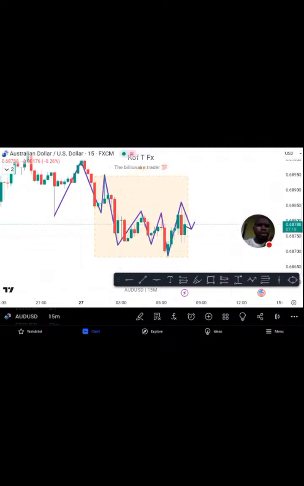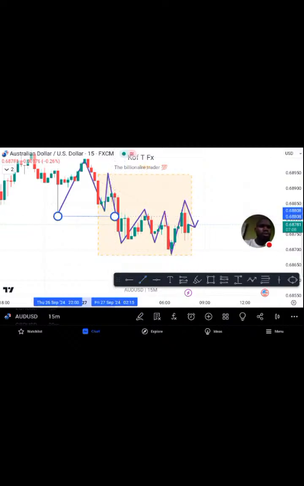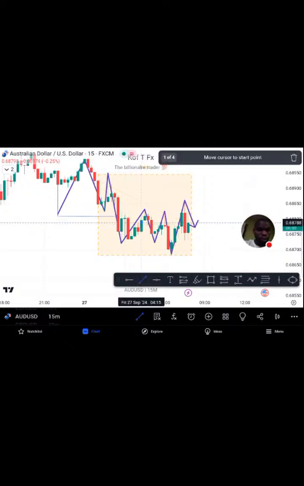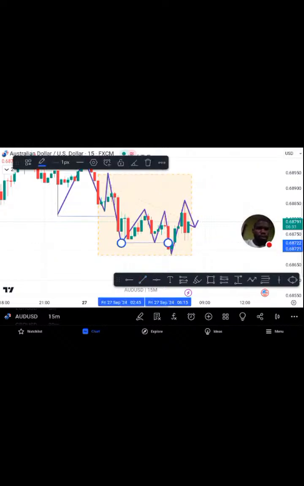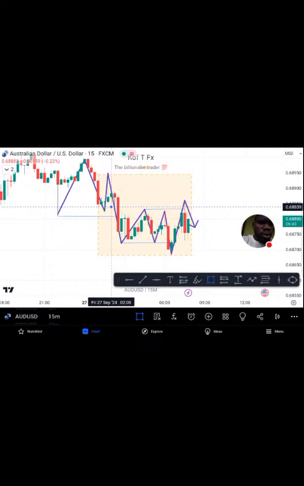Presently, this is what is on AUDUSD. We have taken out this low, and price also took out this low. So it has grabbed this as liquidity, and you can see the FVG has already been filled.